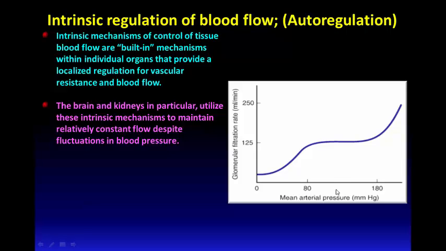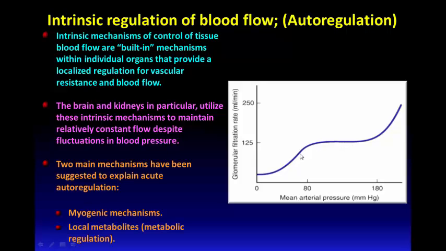In this figure, we have on the x-axis the mean arterial pressure in millimeters of mercury, and on the y-axis we have the glomerular filtration rate, which reflects renal blood flow. And as you can see, the glomerular filtration rate, which reflects renal blood flow, is maintained relatively constant despite changes in the mean arterial blood pressure.